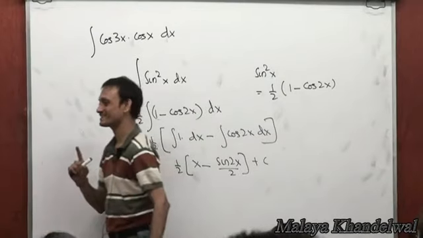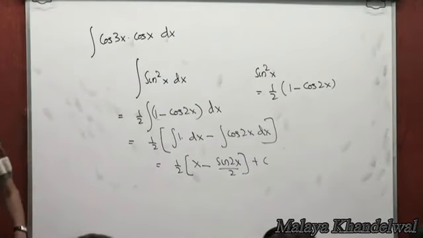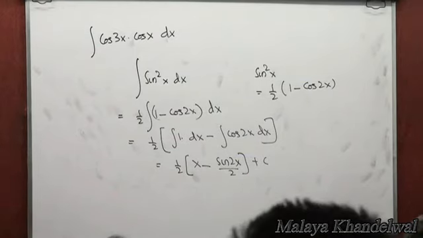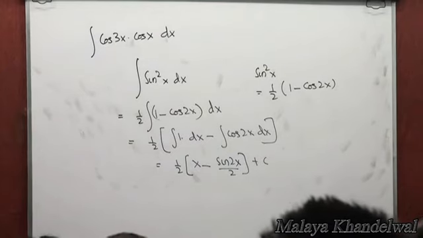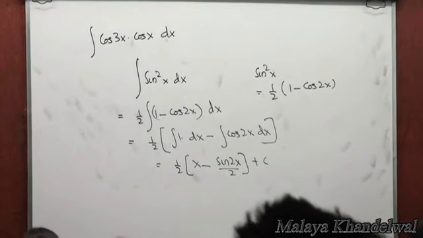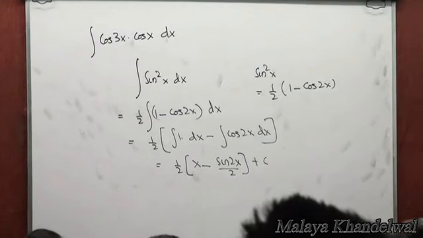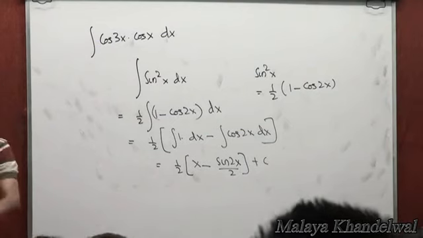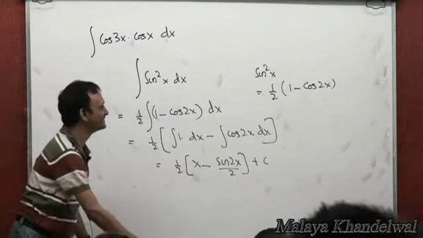Cos A cos B equals to half cos A plus B, so I'll say half cos A plus B plus cos A minus B. Oh, okay. Thank you.